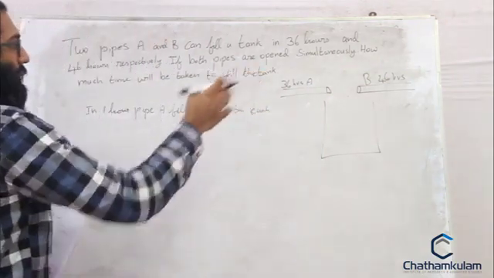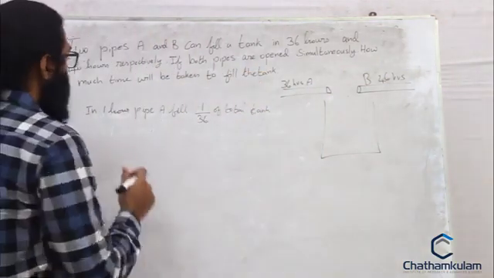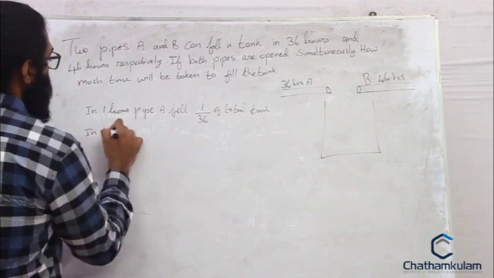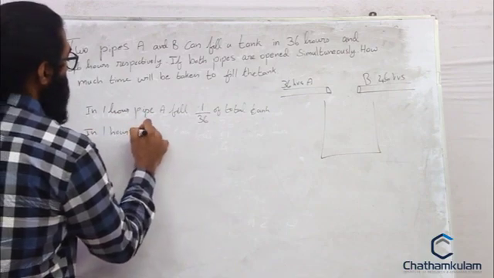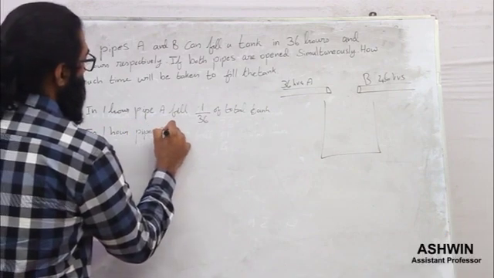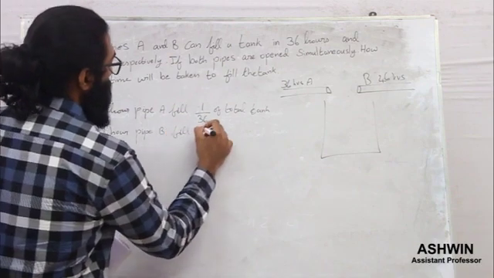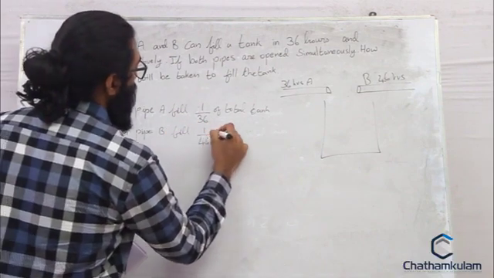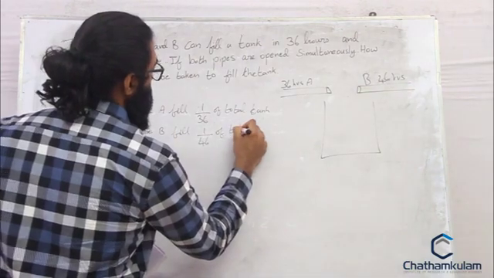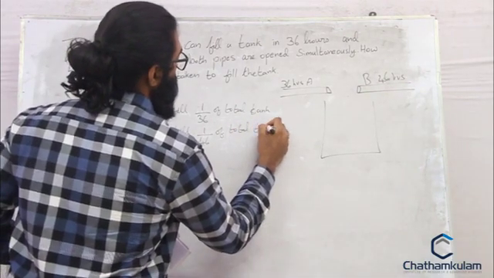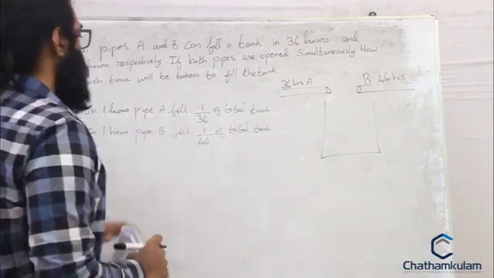Same case we take for pipe B, we can say in 1 hour pipe B can fill 1/46 of total tank capacity, right? So this we found out.